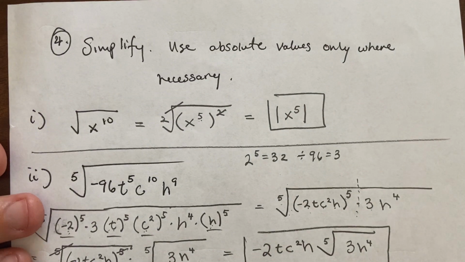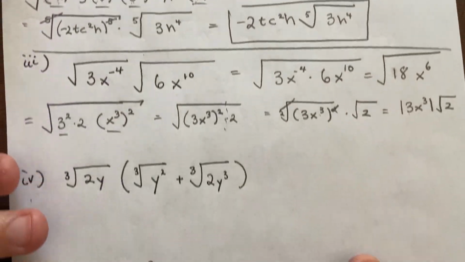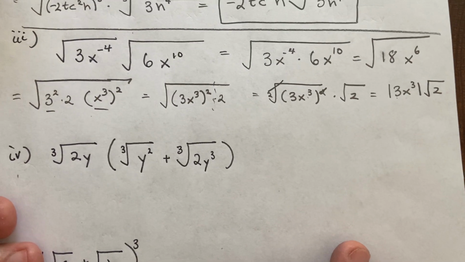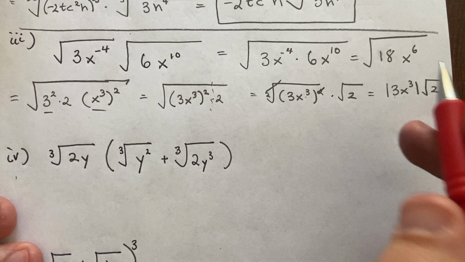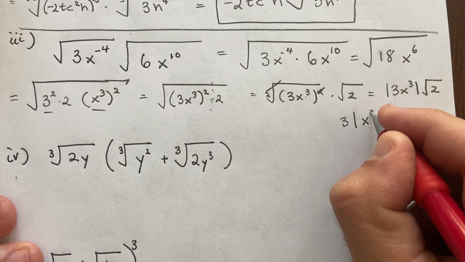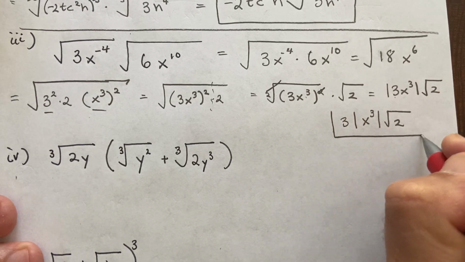And the instruction was use absolute value only where necessary. So I will take that 3 out, and I'll say 3, absolute value x cubed, and then times root 2.